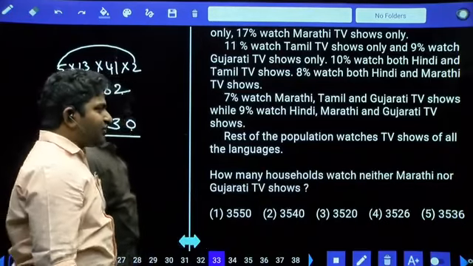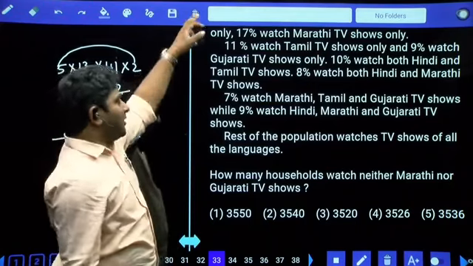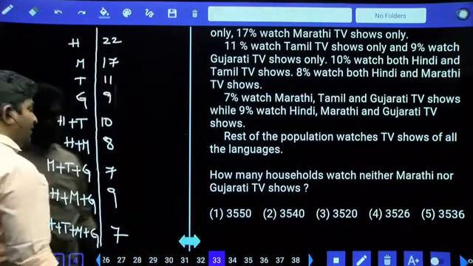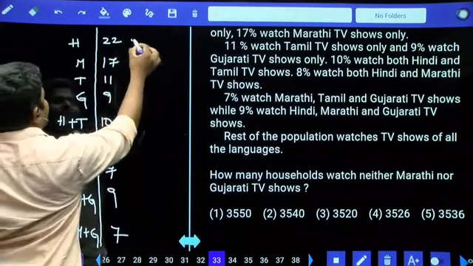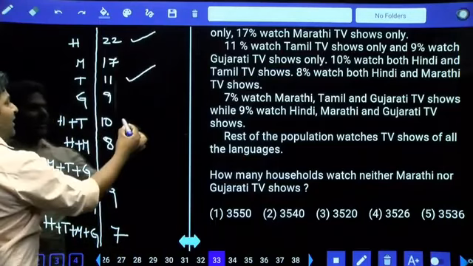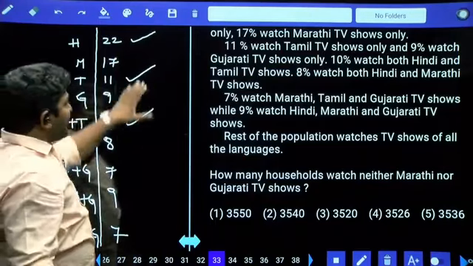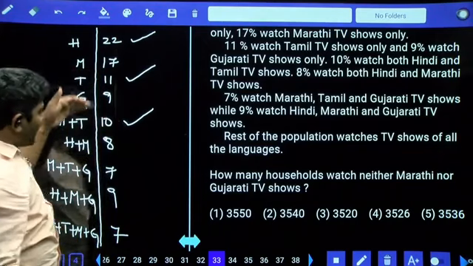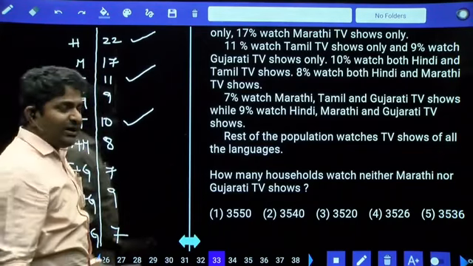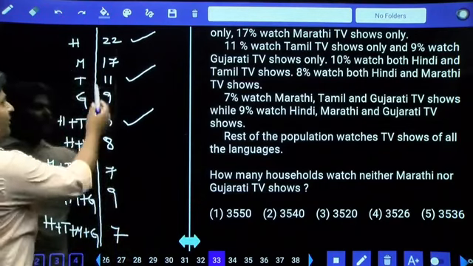How many households watch neither Marathi nor Gujarati? That means Marathi should not be there, Gujarati should not be there. So that means only Hindi, only Tamil, Hindi and Tamil. Except these three, any other value will have either Marathi or Gujarati everywhere.